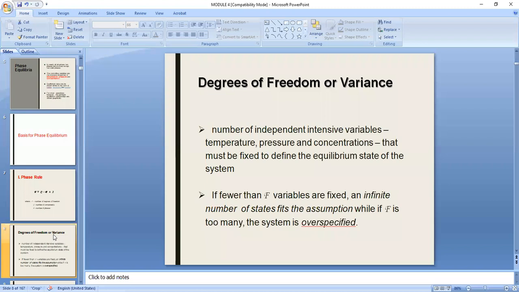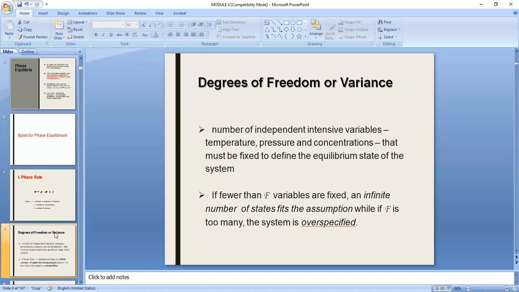Now, these degrees of freedom or variance refer to the number of independent intensive variables, which were mentioned a while ago: temperature, pressure, and concentrations that must be fixed to define the equilibrium state of the system. If fewer than F variables are fixed, meaning the problem only gave you less than the computed F, then an infinite number of states fits the assumption.